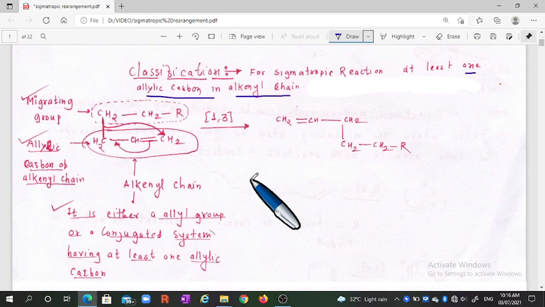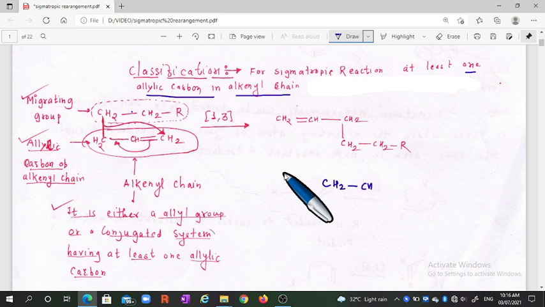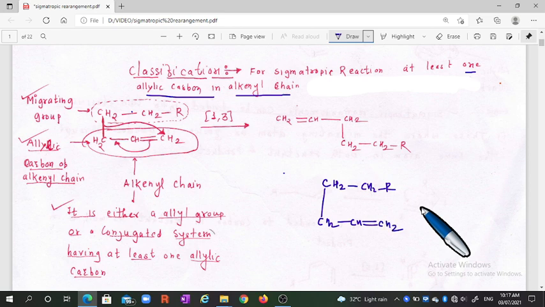Let us consider one example. In this reaction, we have this type of compound. Let us draw it. It is CH2, CH2R, attached to CH2, CH double bond CH2.